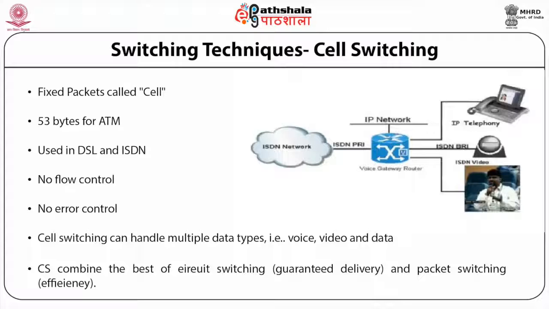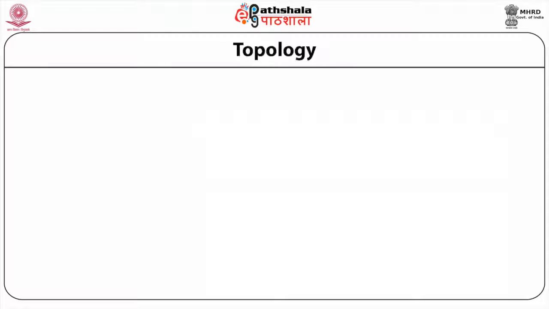We have seen how data or packets are switched from one network or one computer to another computer. If we want to connect computers over a network, how do we connect these computers? That is what is called network topology.